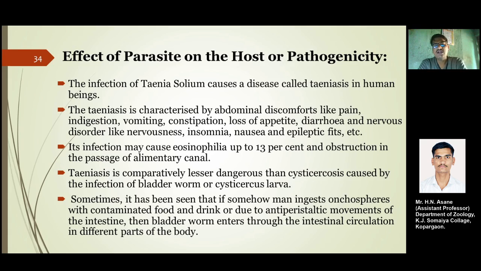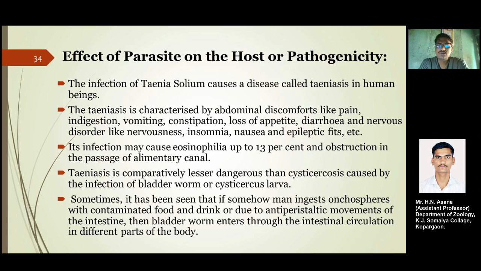Teniasis means the adult tapeworm infection, where the adult tapeworm resides in your gut. But cysticercosis is caused by infection of the bladder worm or cysticercus larva in the adult human being, and that is more dangerous than teniasis. Sometimes it has been seen that a man somehow ingests the oncospores with contaminated food and drink.